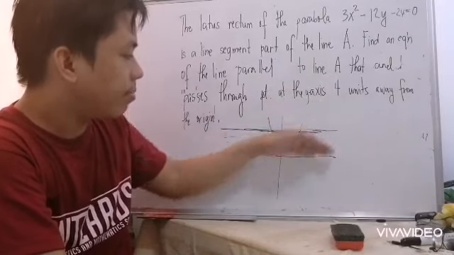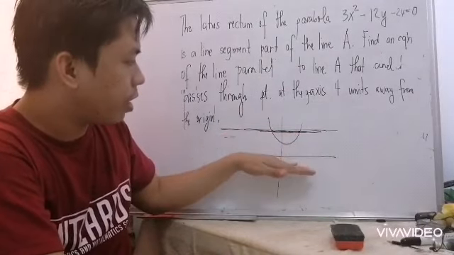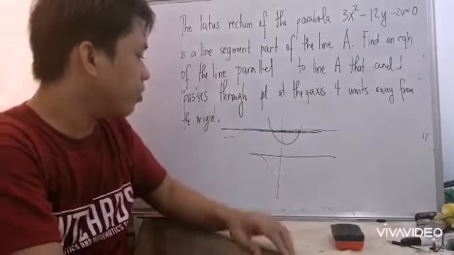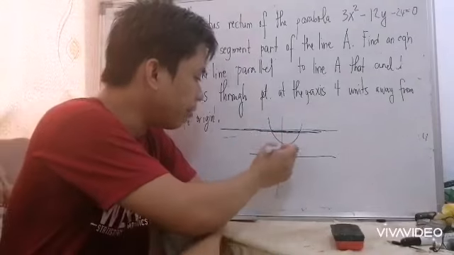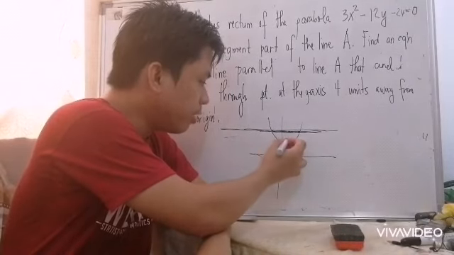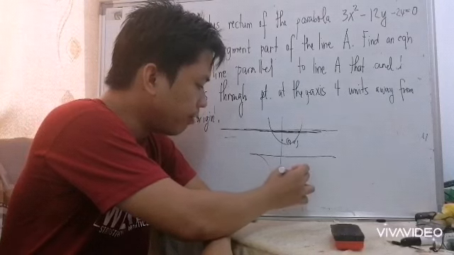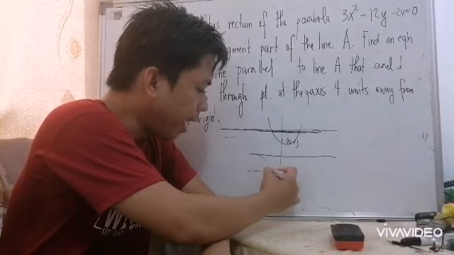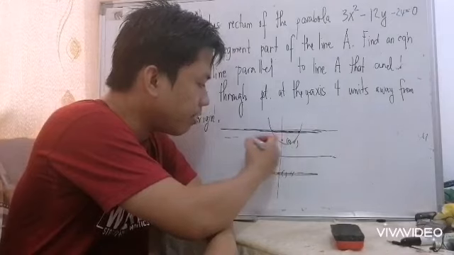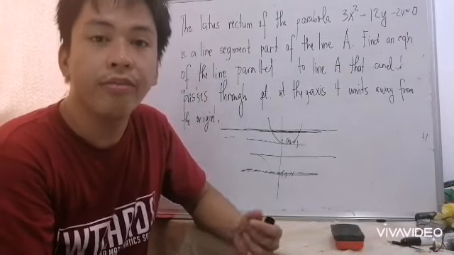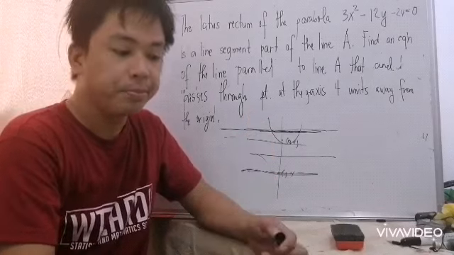The lines parallel to this could be somewhere here or somewhere there. And it's 4 units away from the origin. So 4 units away from the origin is actually the point 0, 4 and the point 0, negative 4. So therefore, a line that passes through 0, negative 4 and 0, 4 are actually the 2 lines we're looking for. So therefore, there are 2 answers for that.